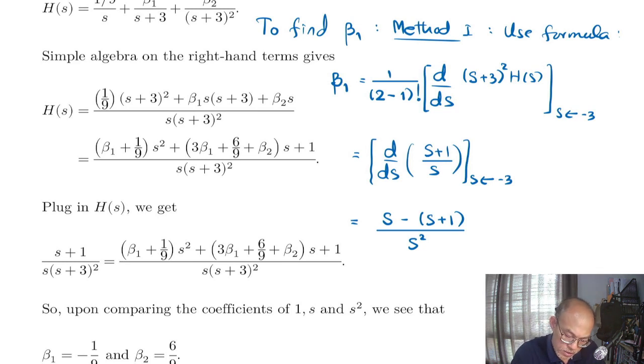Remember, d of u over v is (v du minus u dv) over v squared.